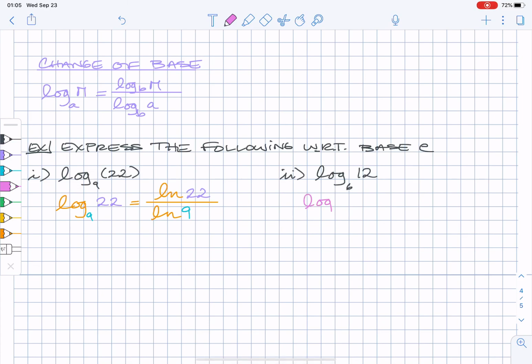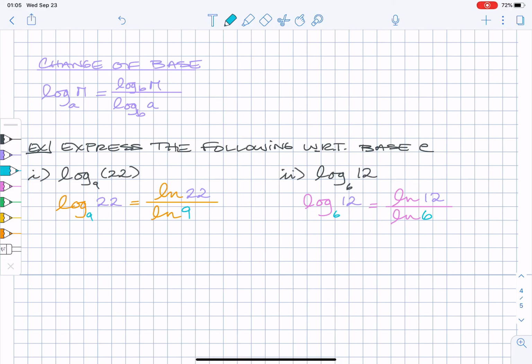So log base 6 of 12 is going to be the quotient that uses as its base e, meaning natural log, ln. The argument is in the numerator, and the previous base will be in the denominator. And there we are.